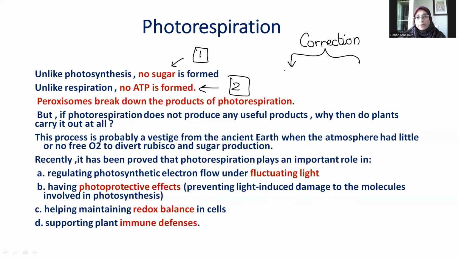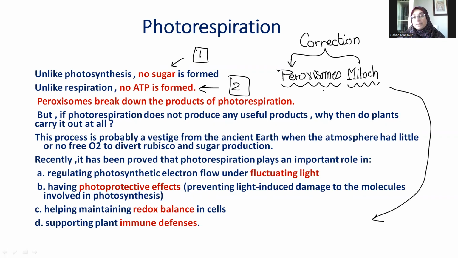The first organelle is the peroxisomes. You remember the peroxisomes that here will try to correct photorespiration, and we will see how. And the second organelle that will try to correct photorespiration is the mitochondria.